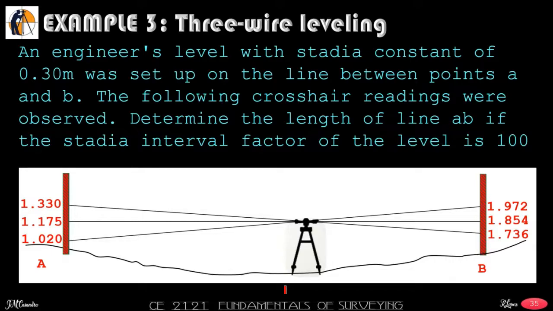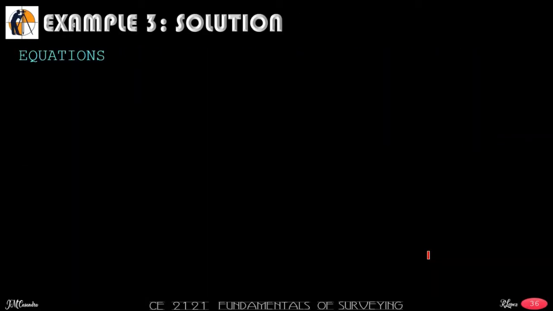So from this, we have A, B, C for rod A, and we have A, B, C for rod B. So for our solution, horizontal distance is KS plus C, S will be our upper minus lower crosshair readings.